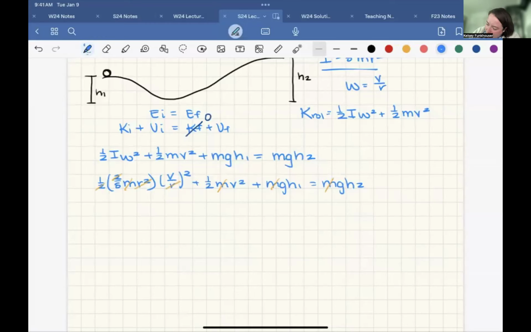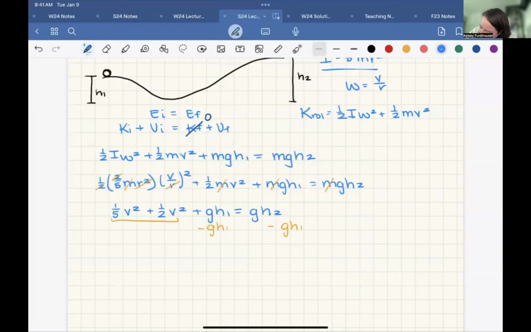So now that we canceled everything out, or a bunch of things out, we have 1/5 the velocity squared plus 1/2 times the velocity squared plus gravity times the height of the first hill equals gravity times the height of the second hill. And this is the velocity that we're trying to solve for. So I'm going to move this gh1 to the other side, and then I'm going to combine these terms.